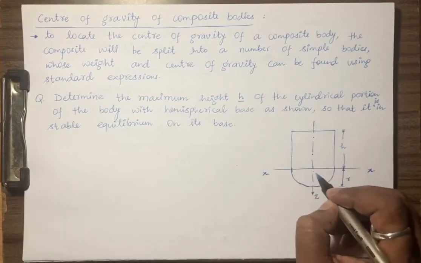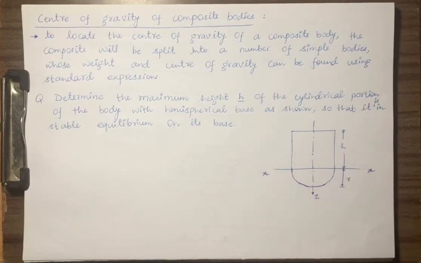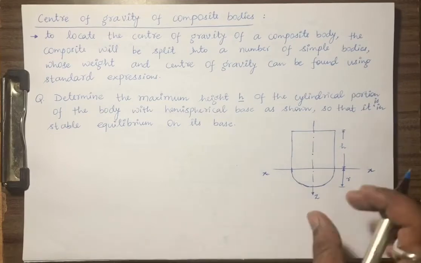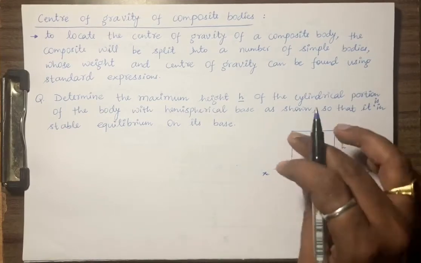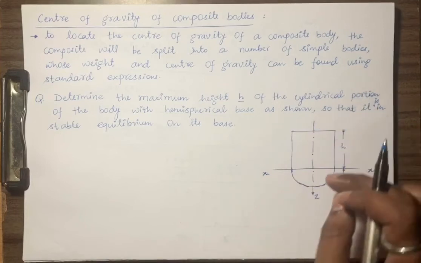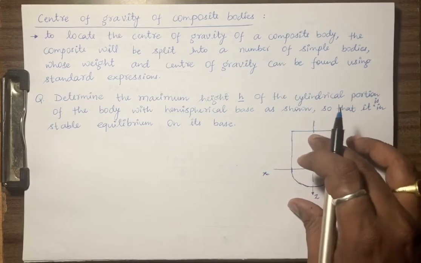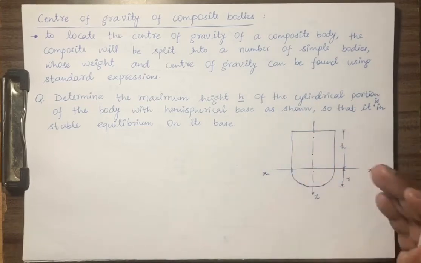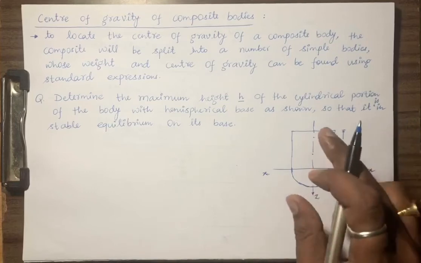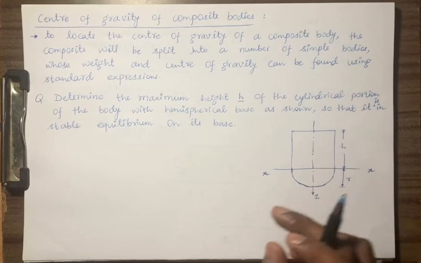Stable equilibrium, neutral equilibrium and unstable equilibrium, you must have studied. In unstable equilibrium, if we disturb the body, it will not be able to come back to its original position. Neutral equilibrium means if we disturb it, it will attain an equilibrium condition, but in its new orientation, not in the previous one.